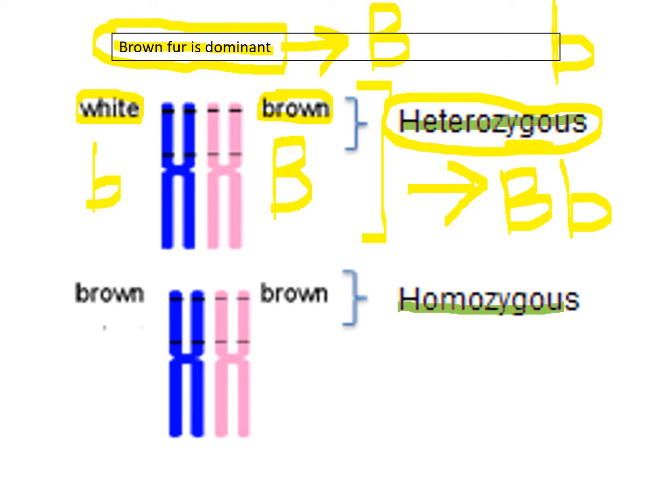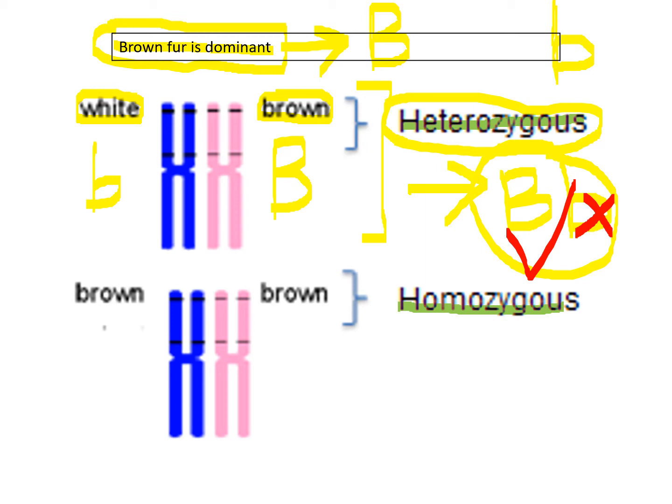In this combination, because B is dominant, the capital B will be expressed and brown fur will be expressed because it is dominant, whereas small b or white fur will be masked and it won't be expressed.